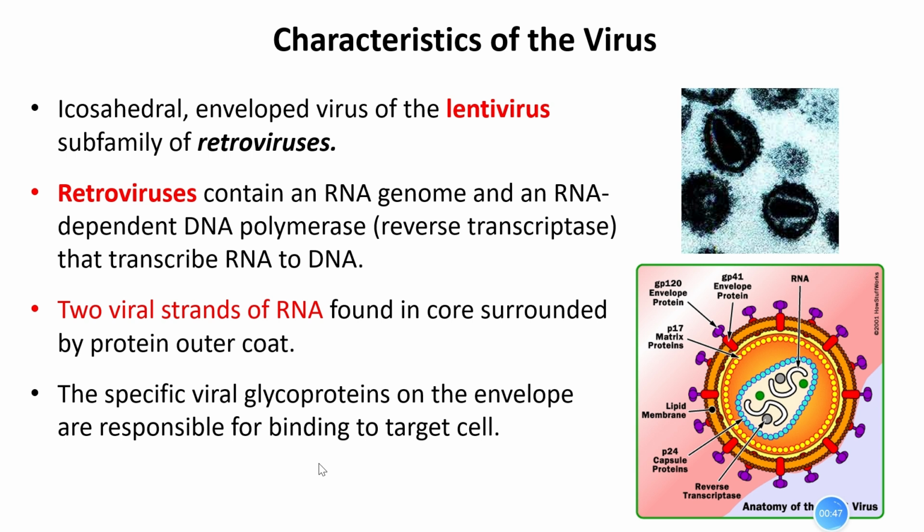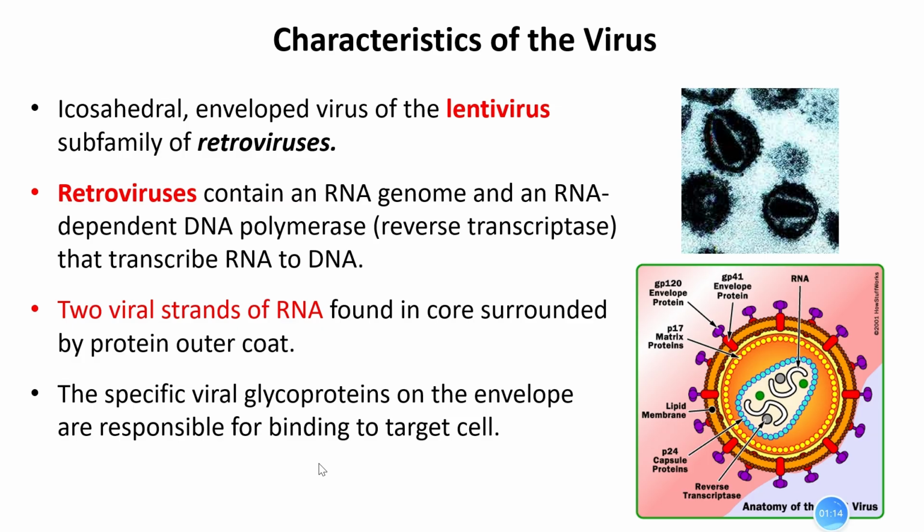So the virus is roughly spherical, and it belongs to the lentivirus subfamily, retroviruses. Anyone know the meaning of lenti here? Exactly, yeah, slow. Because the virus replicates slower than others, so lenti means slow.